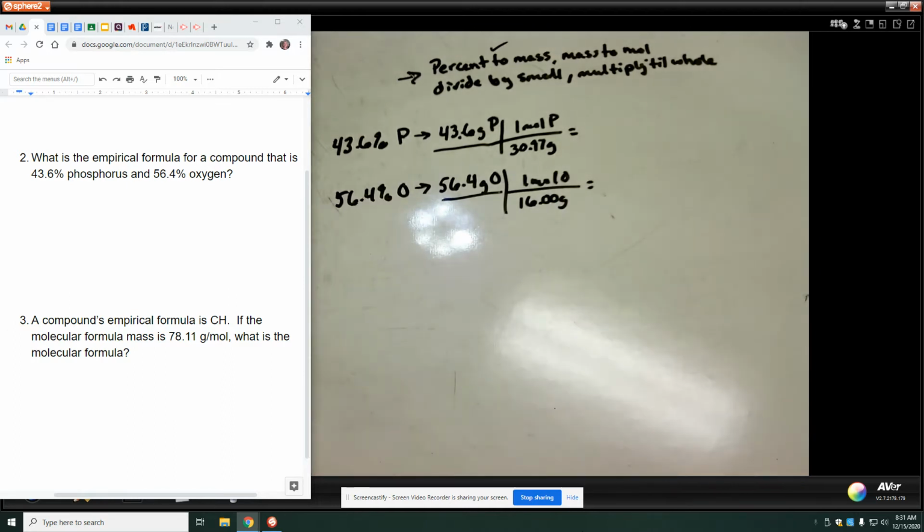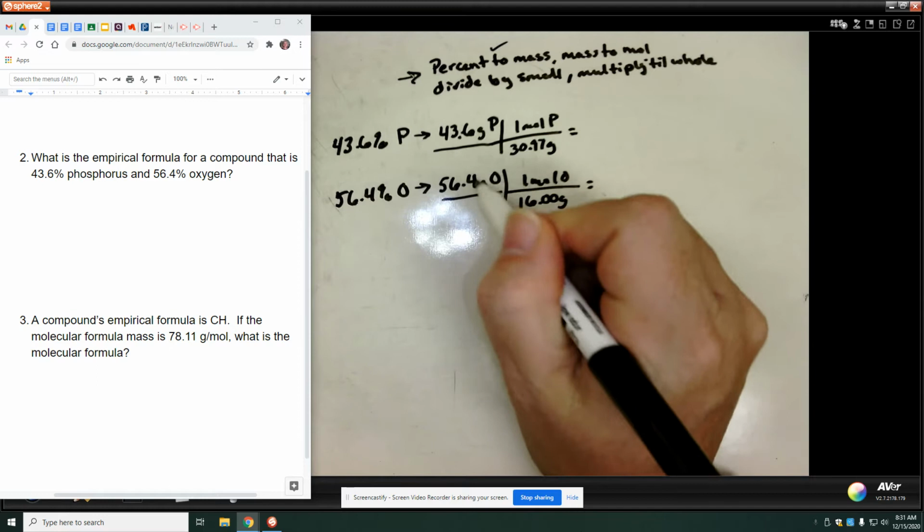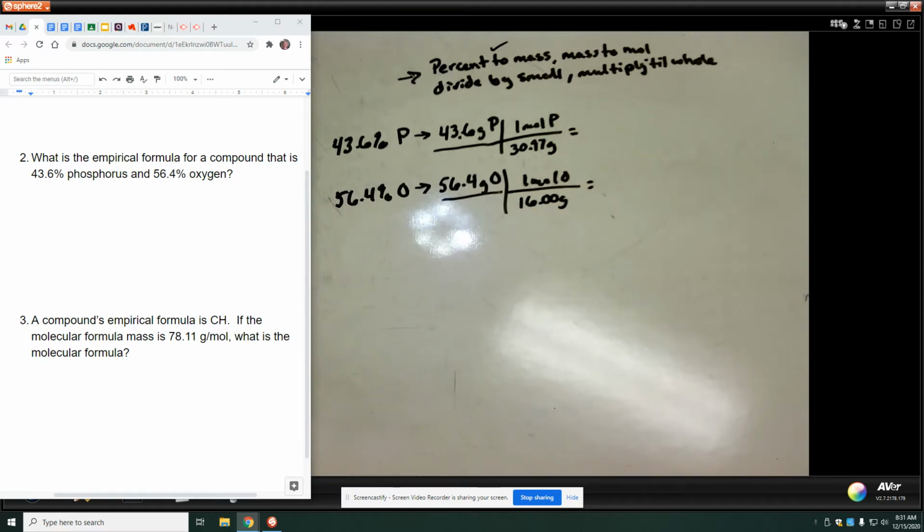We want to calculate our moles, and when we do that, we want to use the proper number of sig figs. Each of these numbers we were given has 3, and that's how we should report our answers in this next part.